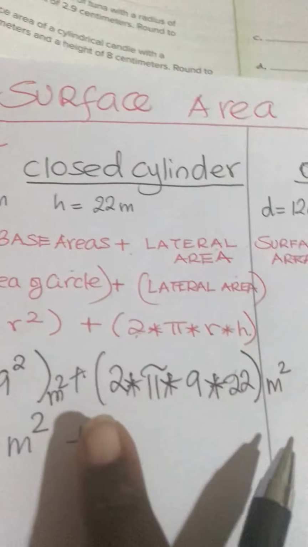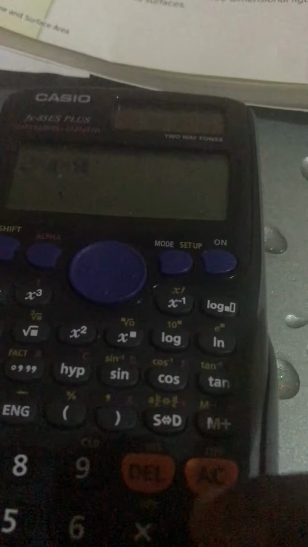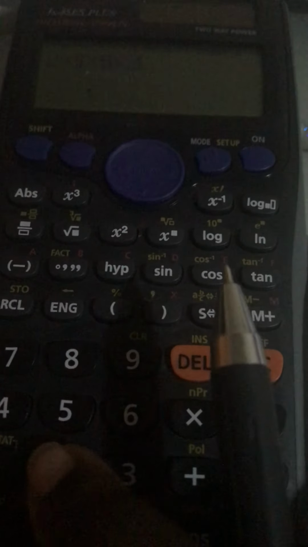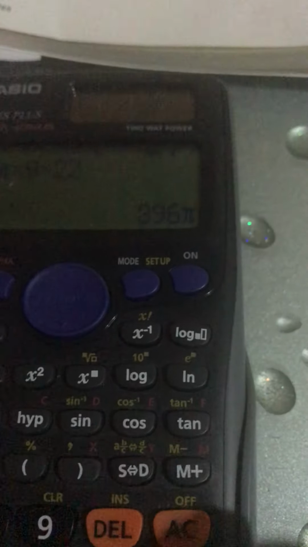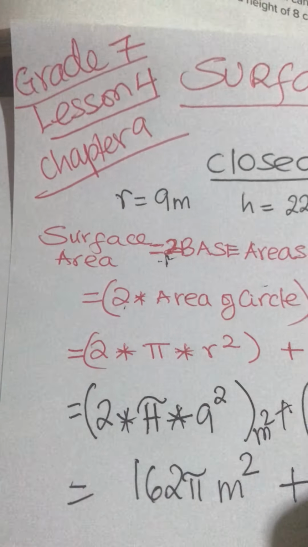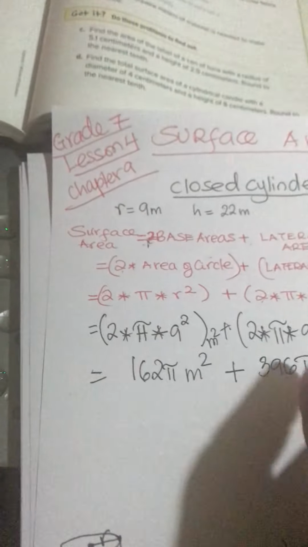So I have 2, I have pi, and I will change 9. So I will delete that. And then times 22. And then I press equal, 396 pi. 396 pi meters squared. Then I add them together.